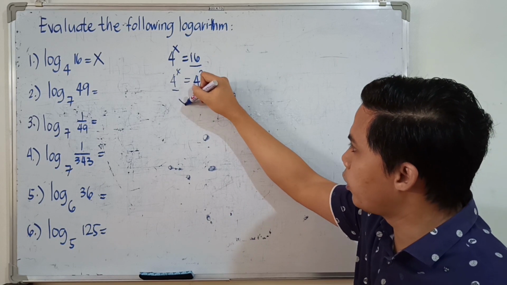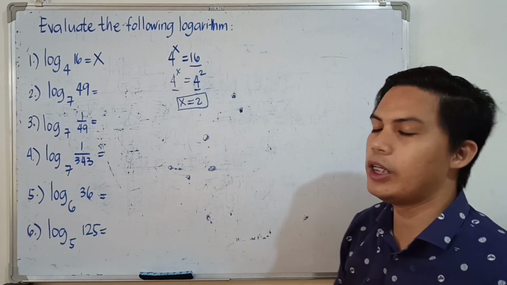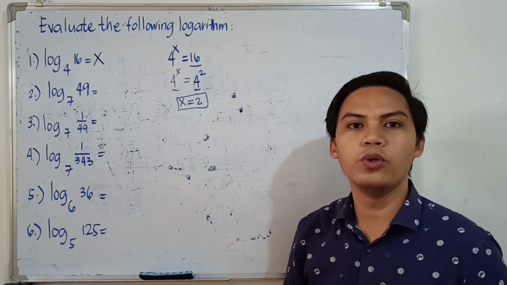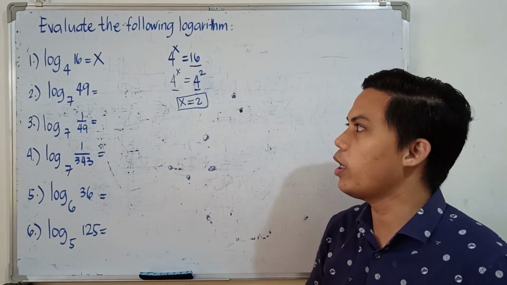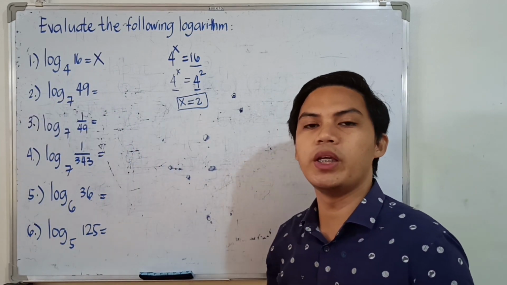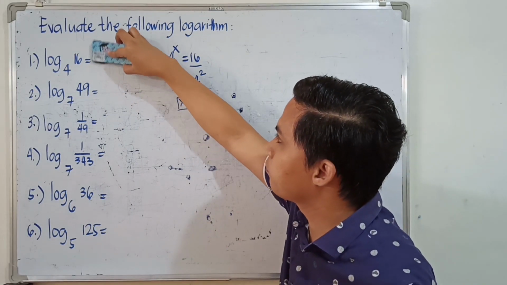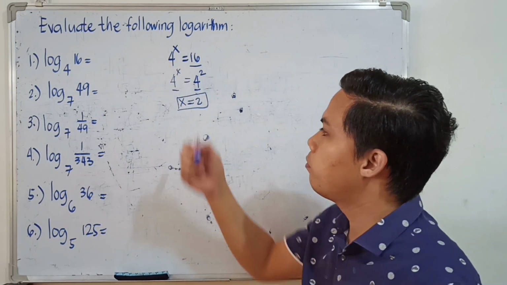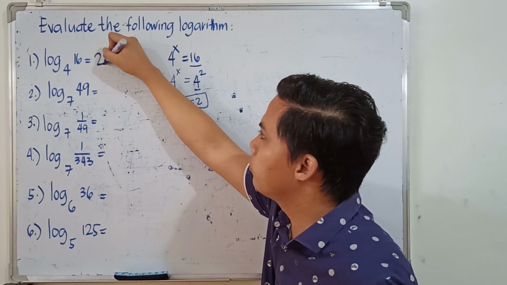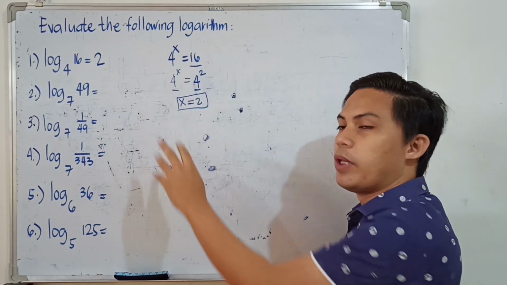So, base exponent, we have x is equal to 2. Therefore, yung value ng x natin would be equal to 2. So, it follows na yung logarithm of 16 to the base 4 would be equal to 2. Papalitan lang natin. This will become 2. Now, you can do this long method or you can do it mentally.